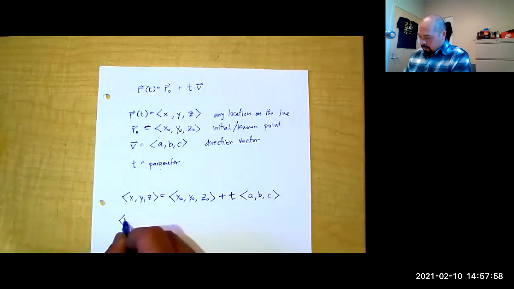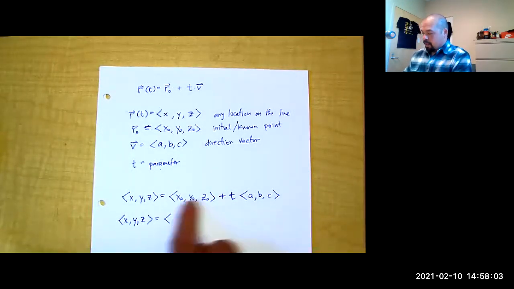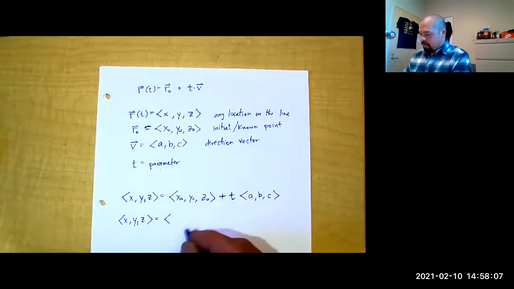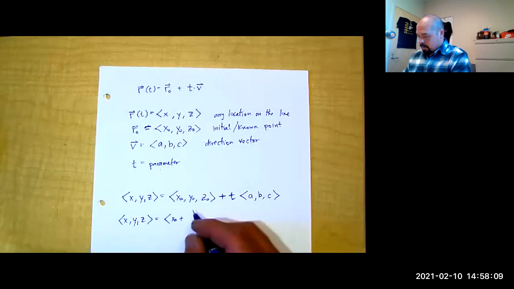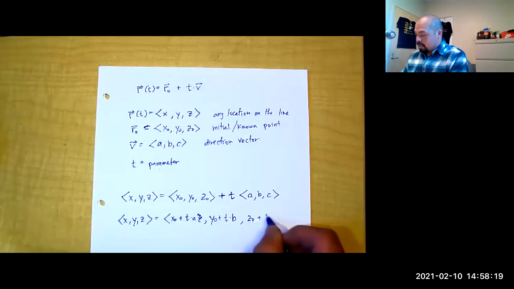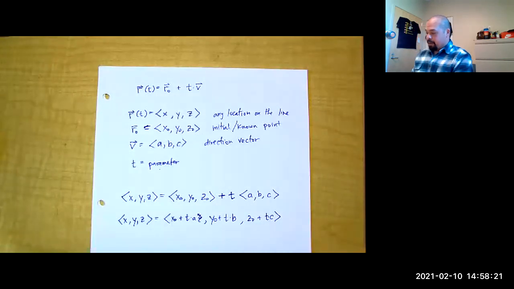So then doing that scalar multiplication and adding, x naught plus t times a, y naught plus t times b, z naught plus t times c.